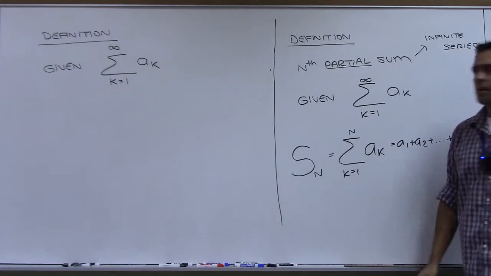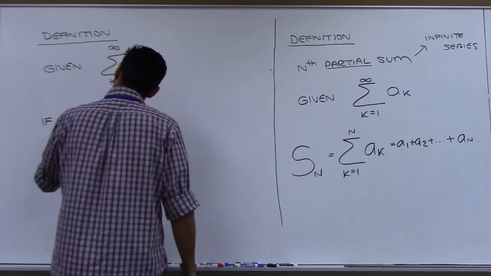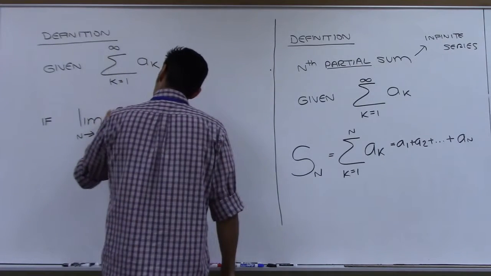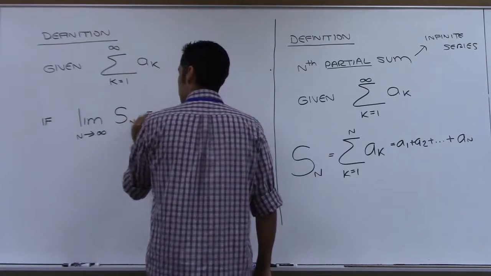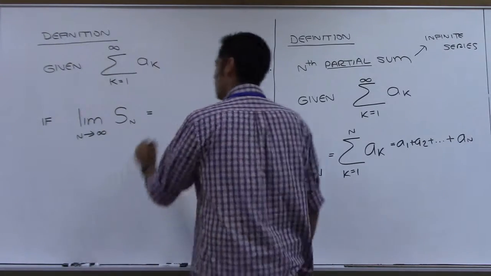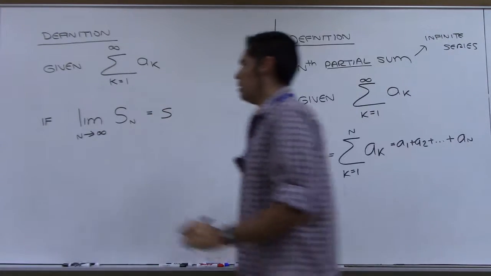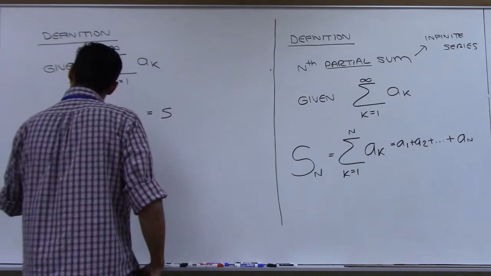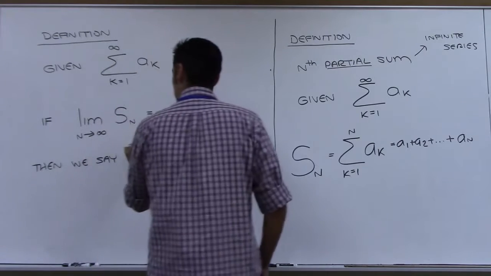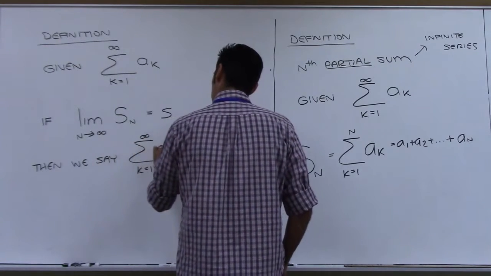So if someone gives us an infinite series, then if the limit as n goes to infinity of s sub n equals, let me see what they use here, little s, then we say that the infinite series converges.